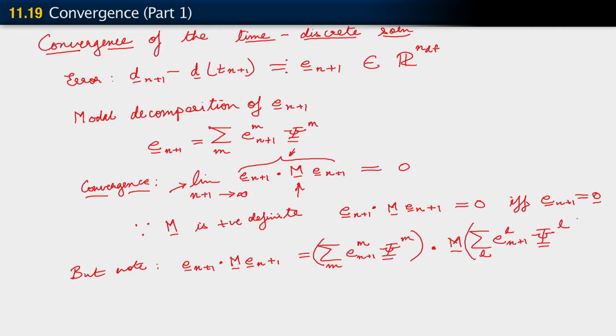I'm going to put parentheses here. Each of those sums is for one of those E's in the quadratic product. We know how this works now.